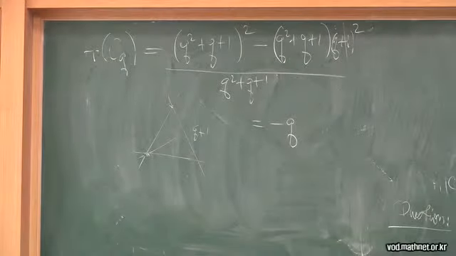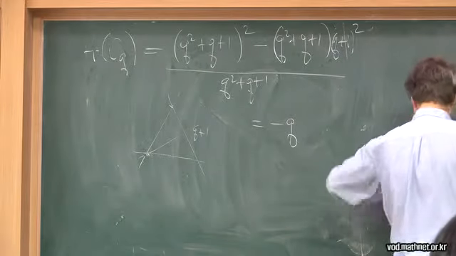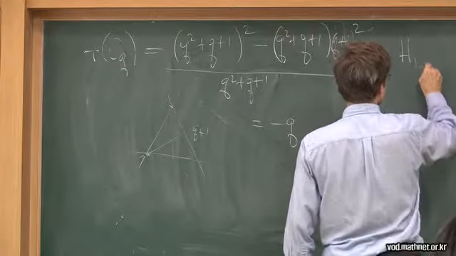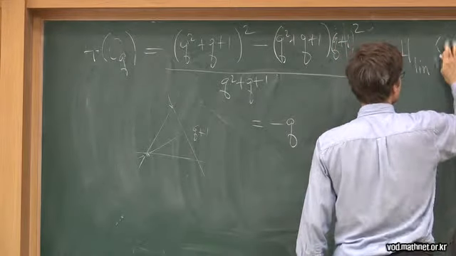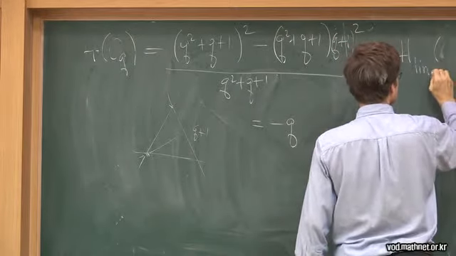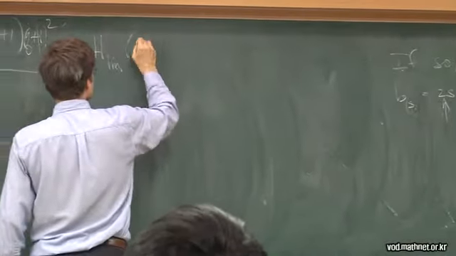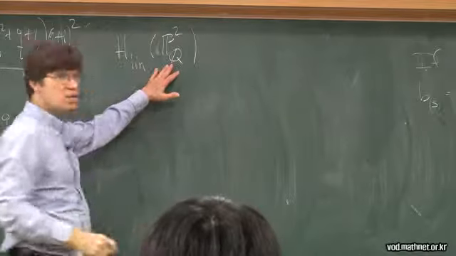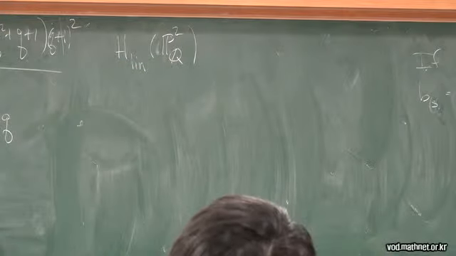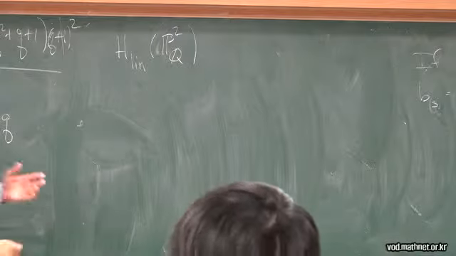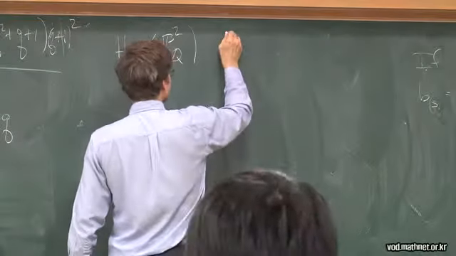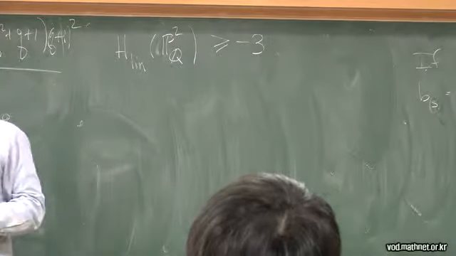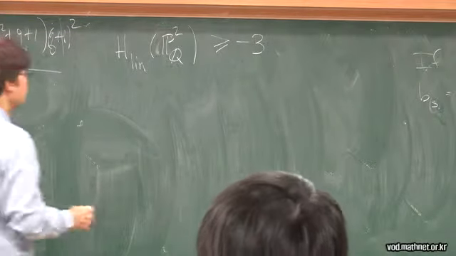It's a little more interesting to look in characteristic 0. Suppose you just look at lines defined over the rationals. Then it's greater than or equal to -3, but we don't know the value.